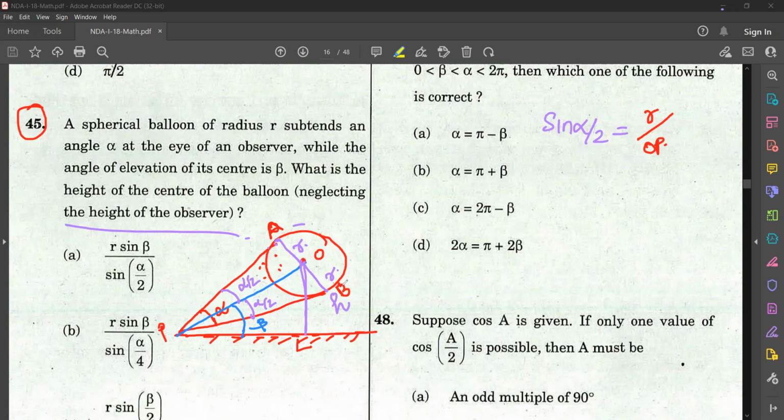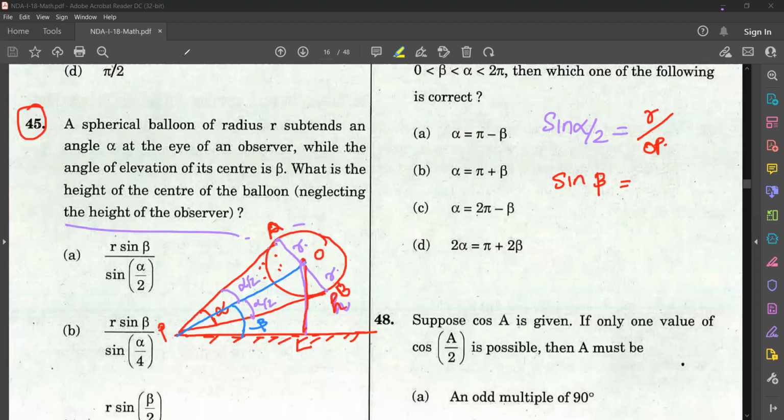Now, just write sine beta, because I have in the options sine alpha, sine beta, etc. So sine beta is opposite by hypotenuse, that is OL, that is the height you have to find out.